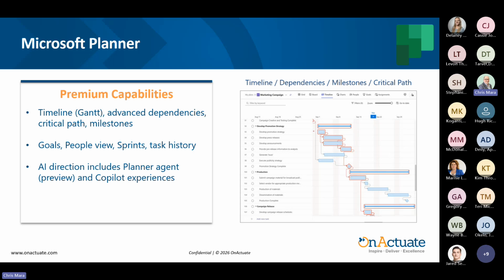It also supports team planning constructs like goals, a people view for workload distribution, and sprint planning boards for agile execution. The intent is to make planning accessible and collaborative, especially inside Microsoft Teams, so that work management happens where your people already operate. The key is this: Planner is the work management layer. It's about planning and coordinating work.